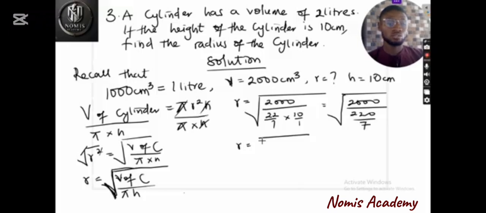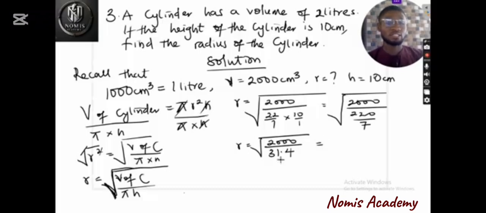So I can say r is equal to the square root of 2000 all over 220 over 7, which is just 31.4. So divide 2000 by 31.4.